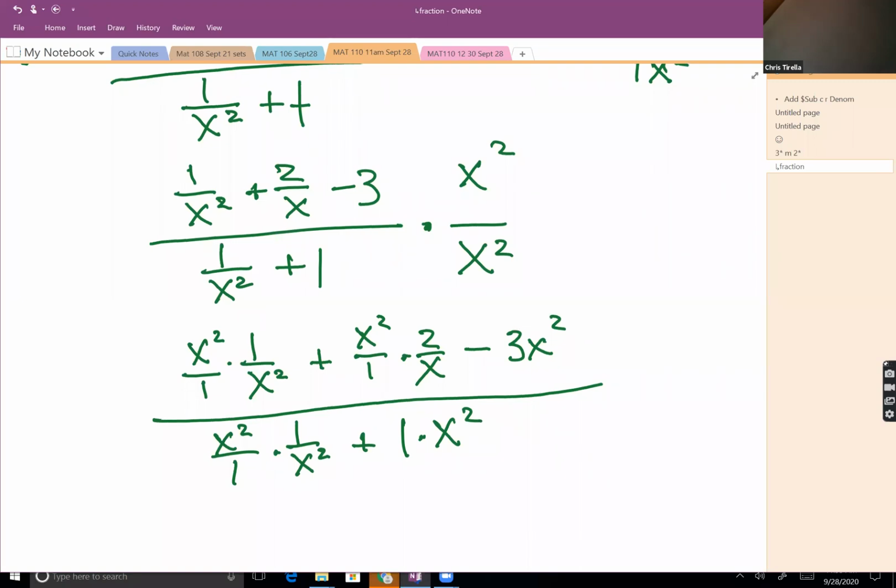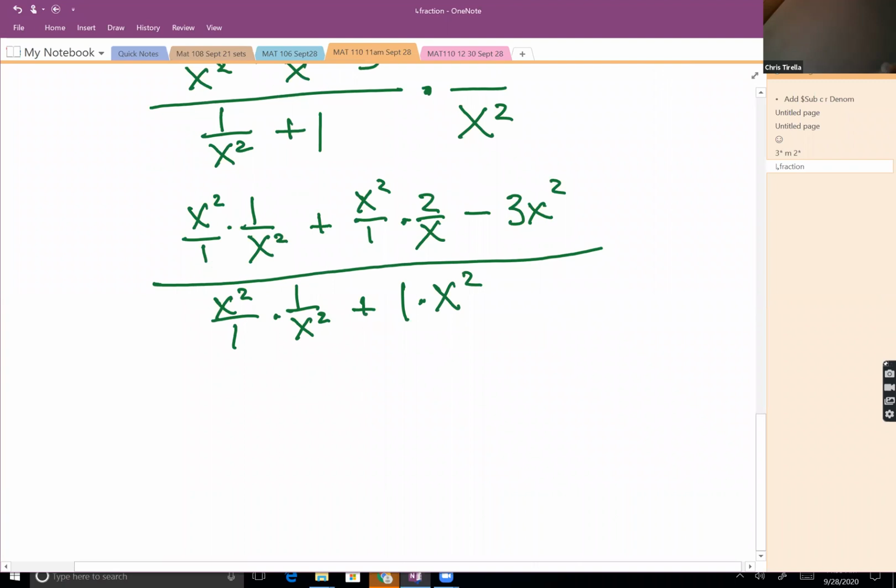But when we do that, if we chose the right common denominator, x squared over 1 times 1 over x squared, the x squareds would cancel, and I'd be left with 1. Next product, when I multiply x squared times 2 over x, wouldn't this x cancel with the x squared and leave me with 2x?